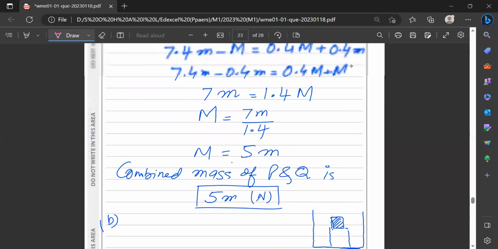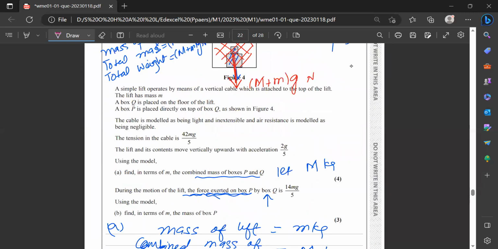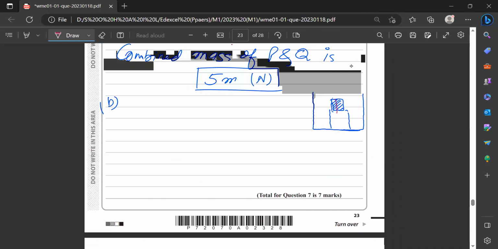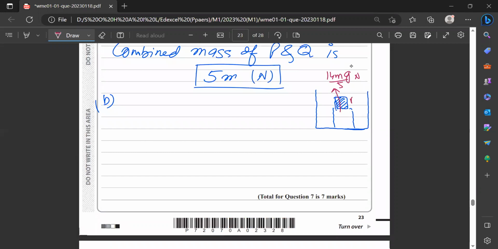So the force exerted on P by Q is 14mg over 5. 14mg over 5 newtons of force exerted by Q on P, and obviously there's already a weight for P, which I can mark here, say this is MP, question mark.